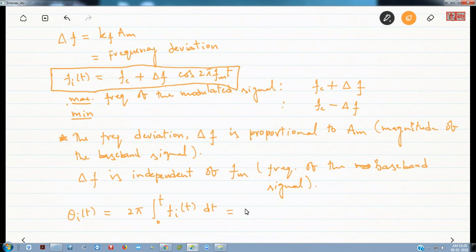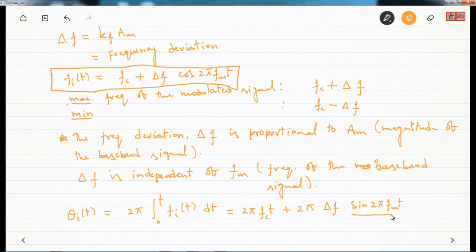So what is that? 2 pi Fc t plus 2 pi delta F sine 2 pi Fm t divided by 2 pi Fm. This 2 pi gets cancelled, right?